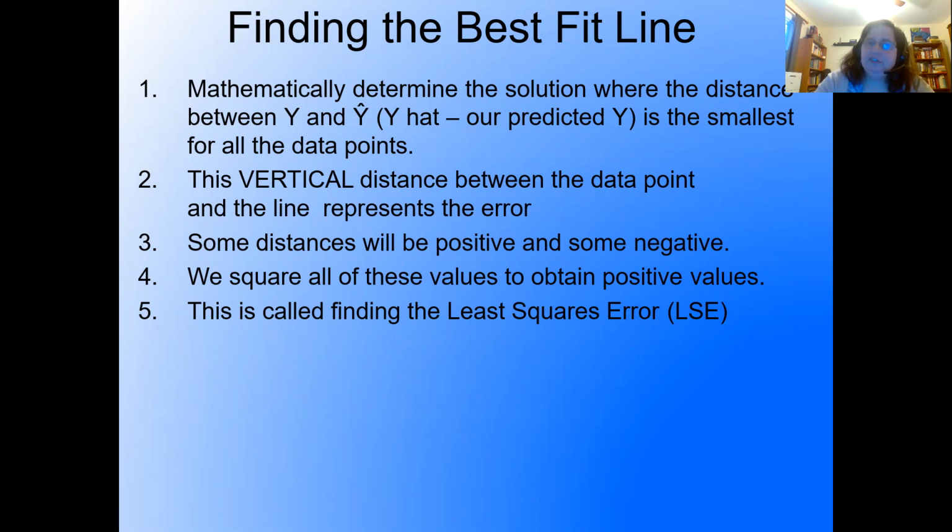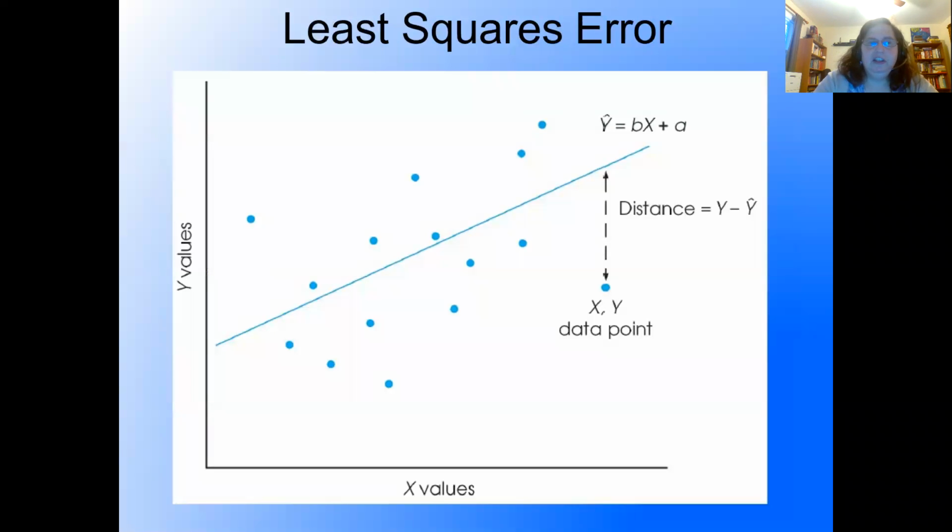Okay, so let's take a look at this a little bit more. I like this diagram. I think it does a nice job of showing the least squares error. So here is our happy data point, x, y. Here is what we would predict it to be on the line. This point is still our same x, but it's y hat, because it's our predicted y.